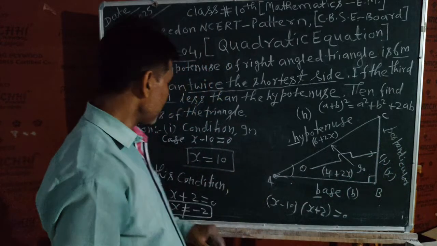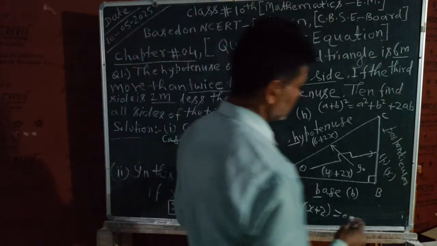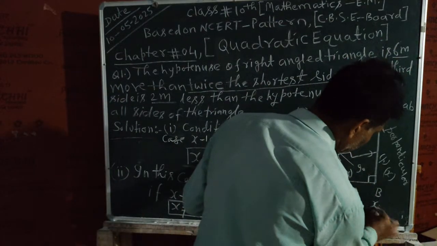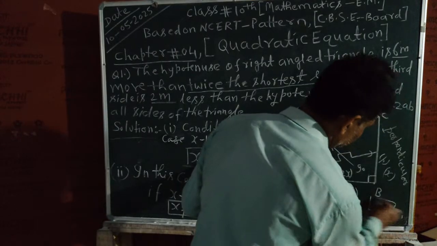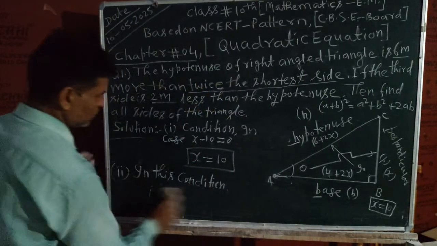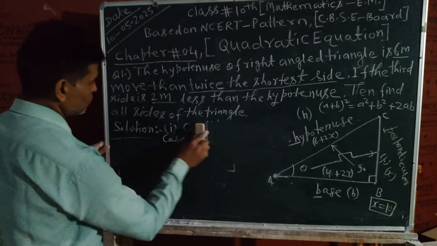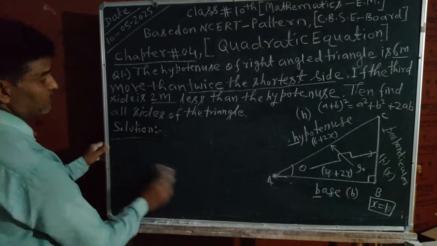So one by one I will explain. Here I have got the value of x which is equal to 10. Now the remaining information I am going to erase, for the calculation of the lengths of the triangle.